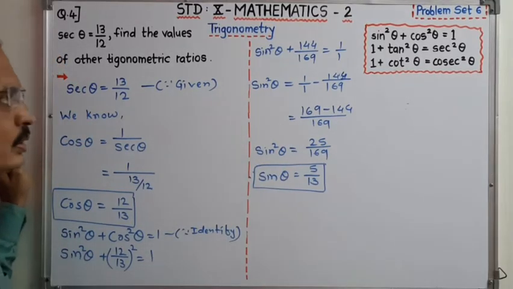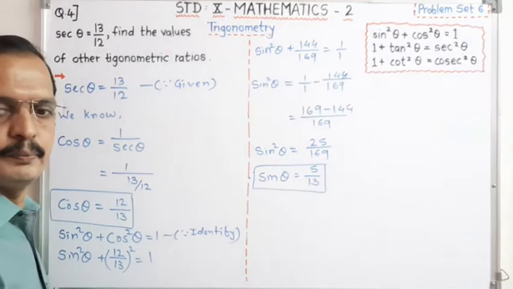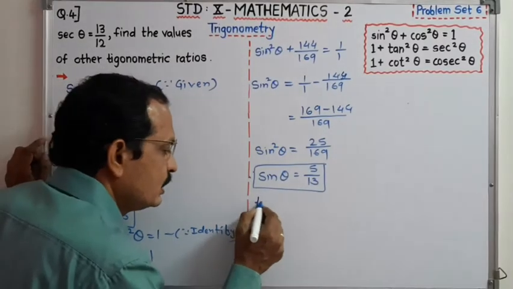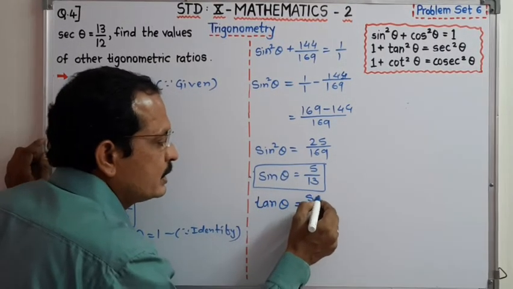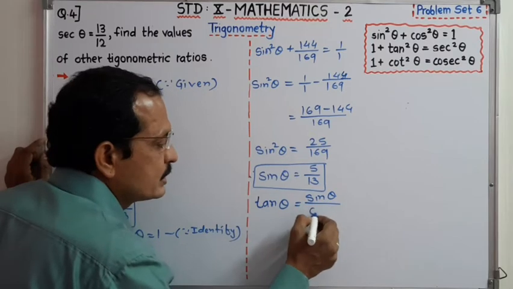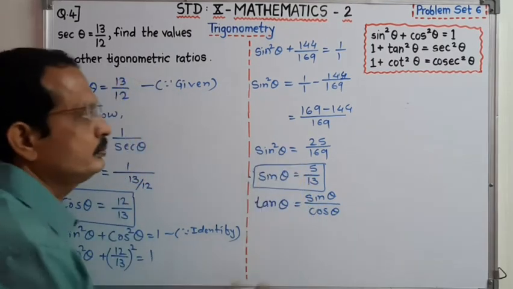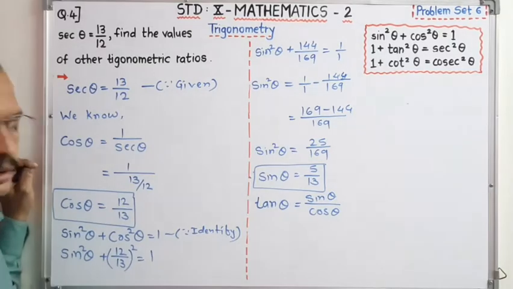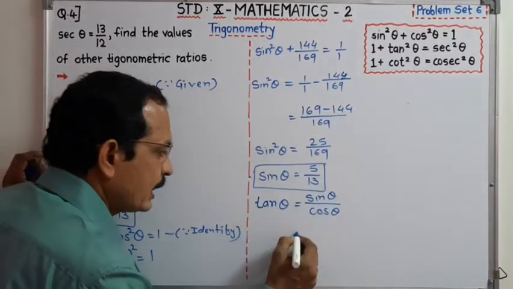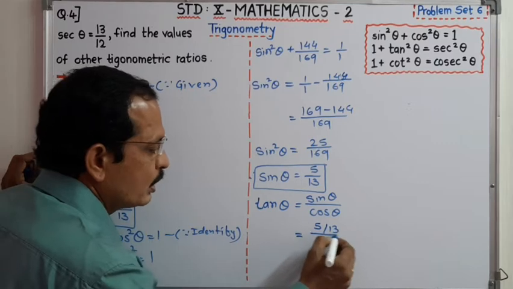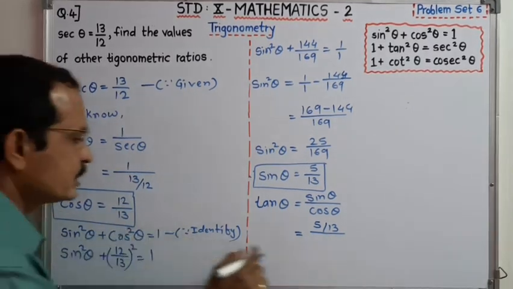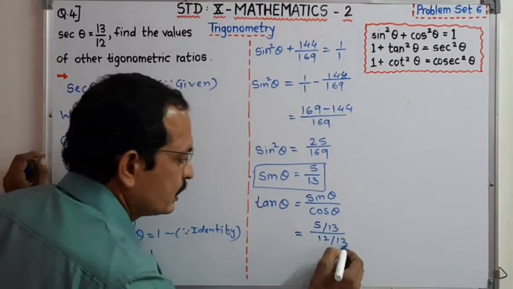Now dear student, we can find out tan theta. See dear student, tan theta is equal to sine theta upon cos theta. Got it? Now see dear student, here tan theta is equal to sine theta, sine theta is 5 upon 13, upon cos theta, cos theta is 12 upon 13.